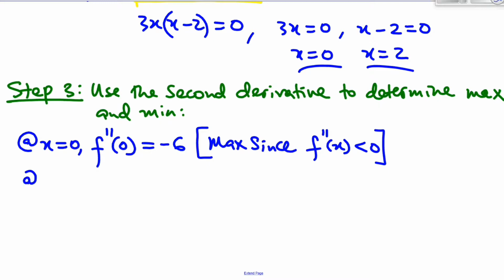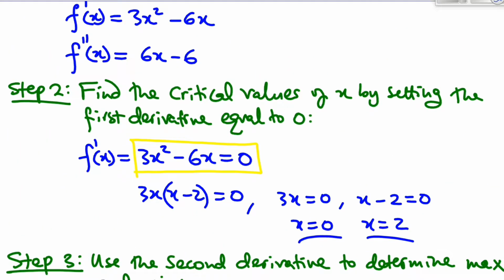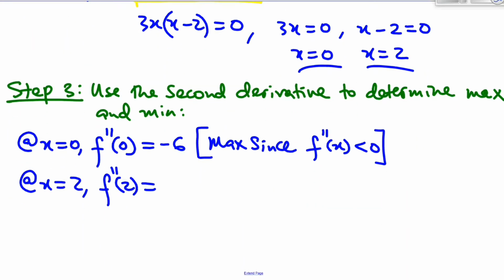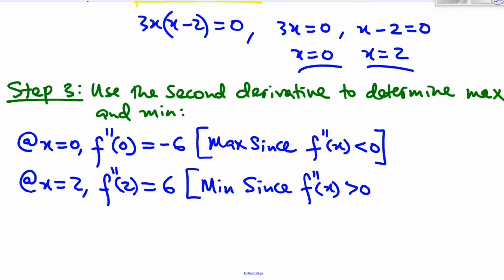And then at x equal to 2, the second derivative will be equal to, again, you plug that into the second derivative, 6. And you can say this is the minimum since the second derivative is greater than 0. So it's the opposite of what you expect.